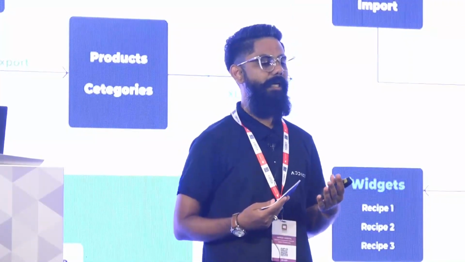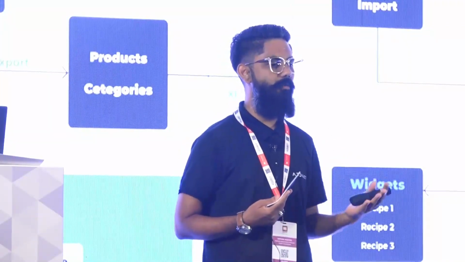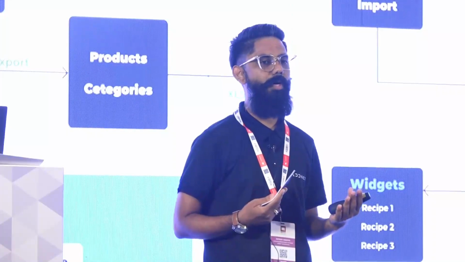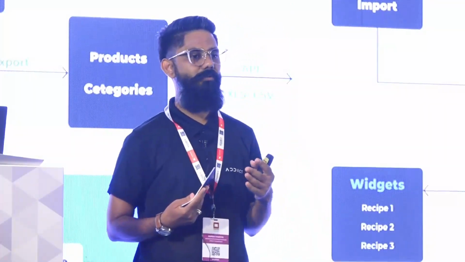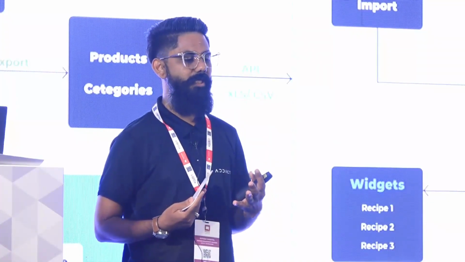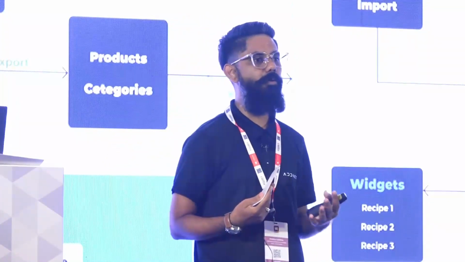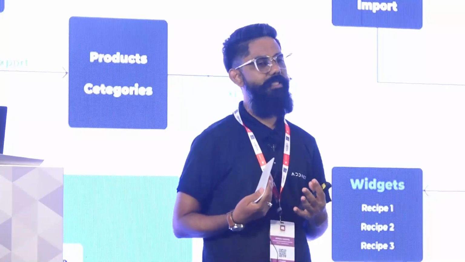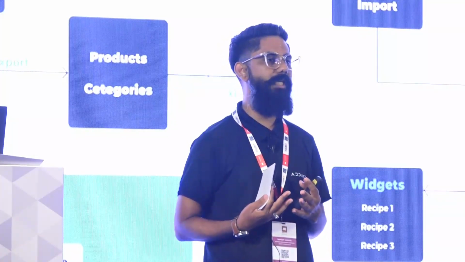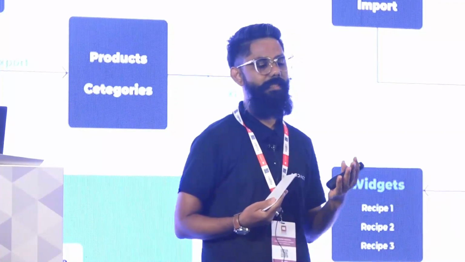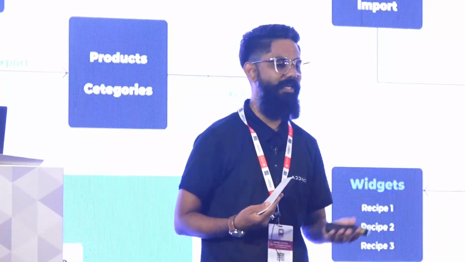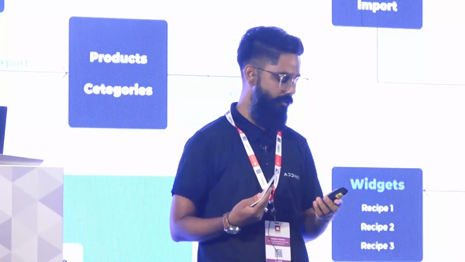From the client system or e-commerce platform, we need to send the products, their categories, and related information to the Discover portal, and then configure it. Then using the rules and widgets, we can create widgets and send those to the landing pages on the e-commerce system. So this is the actual implementation architecture that we utilize.